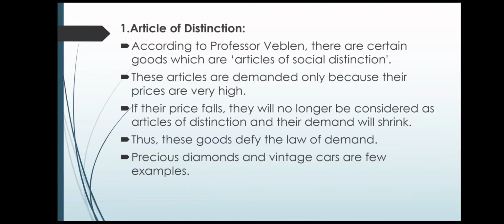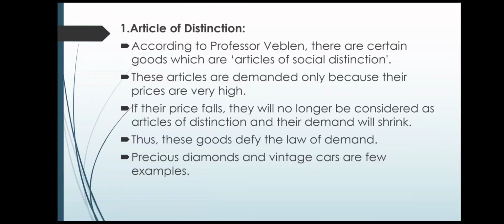So there are few goods that are considered as articles of distinction. Distinction word has come from distinct, unique. So these articles help an individual to stand out in crowd, to be identified as a very luxurious person. So these goods are demanded only and only when the price is high, and as soon as price falls, there will be a fall in demand of such commodities, because it will no longer be article of distinction.